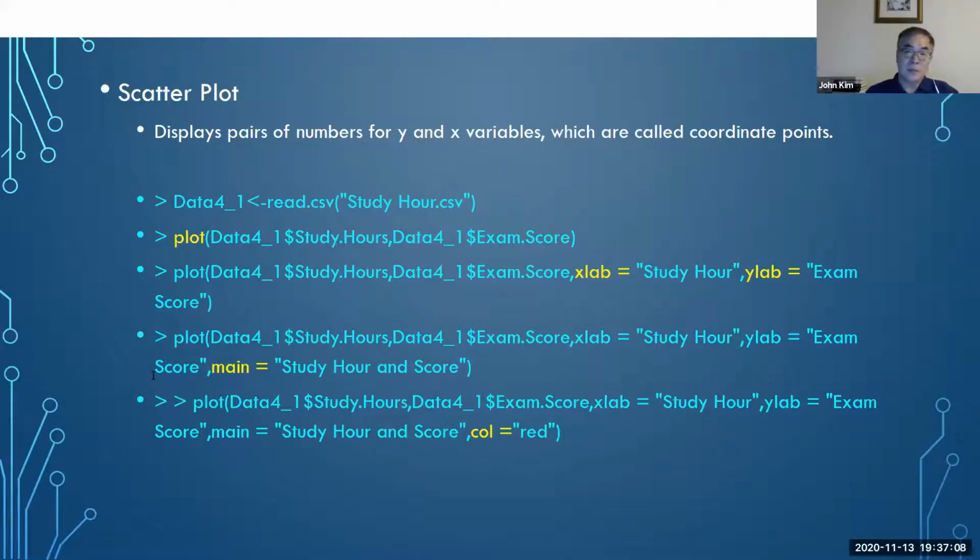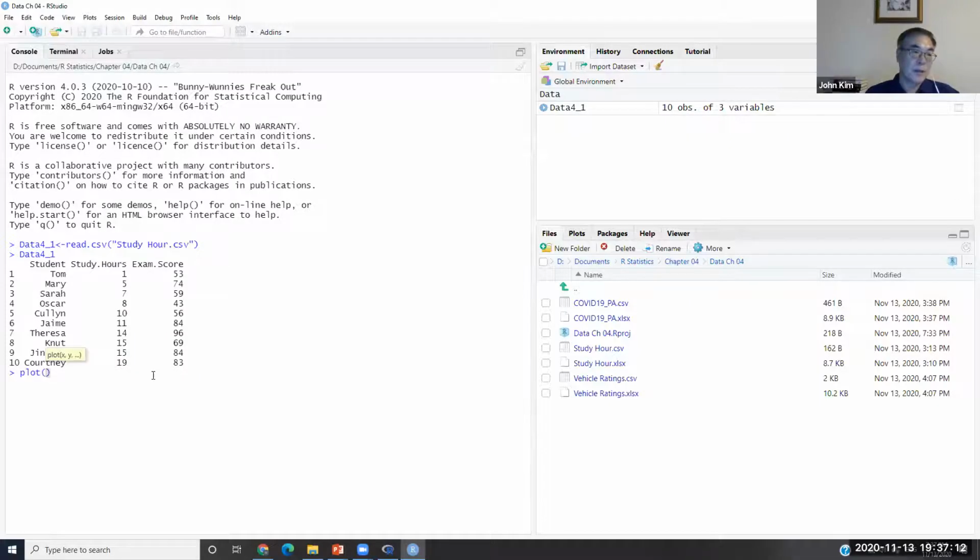So plot, x variable. We will use study hour as the x variable, which is a column in this data set. So the data set we made, then the dollar sign, and then study hour.